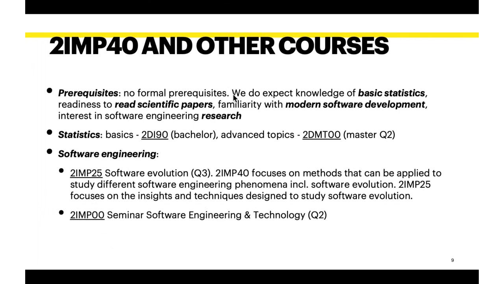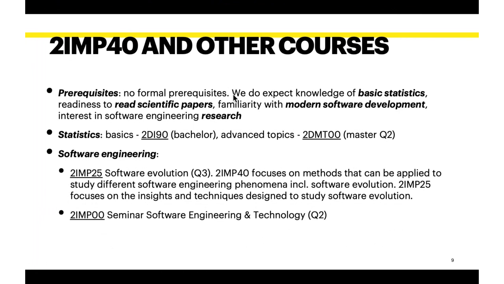But of course, statistics is not all. During this course, you will be expected to read scientific papers and to analyze them. So for instance, you will be given a scientific paper and we can ask you what research questions are being answered, what kind of research strategy has been used, and so on and so forth. You should also be familiar with modern software development.